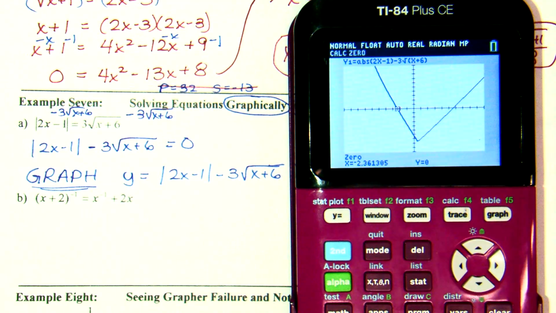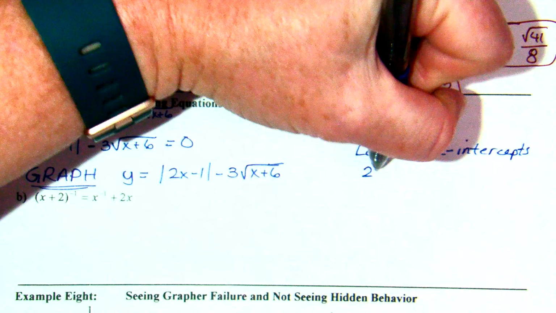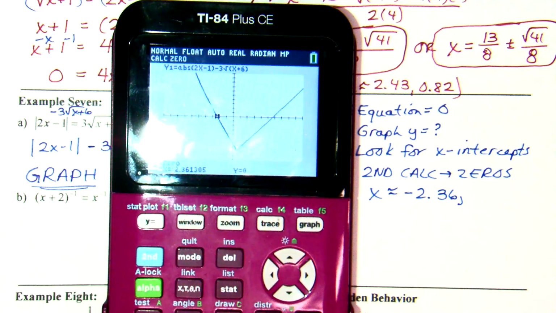So the rest of my notes I'm going to write on here: right now we are looking for X-intercepts. And to find X-intercepts, we went second, calc, and then we used zeros. The first answer I have is approximately negative 2.36.